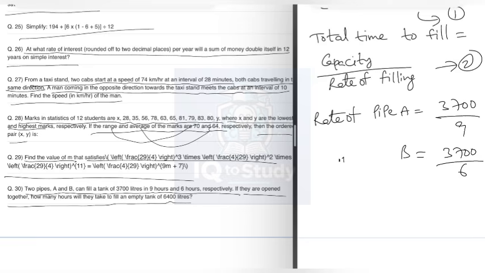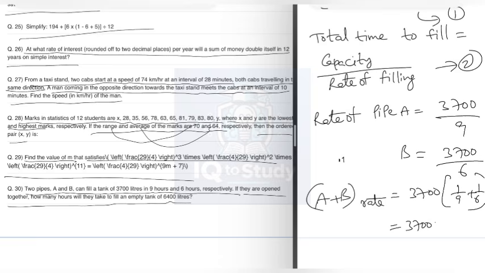So combined rate is equal to 3700 into (1 by 9 plus 1 by 6), which is equal to 3700 into 5 by 18, that is equal to 1027.78.